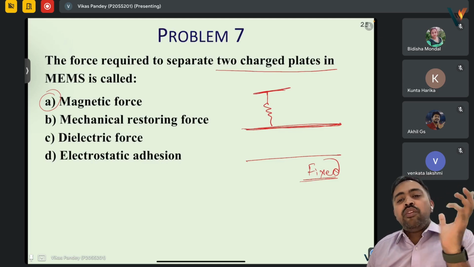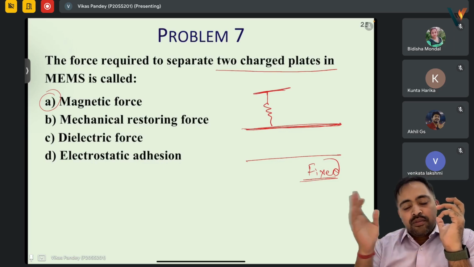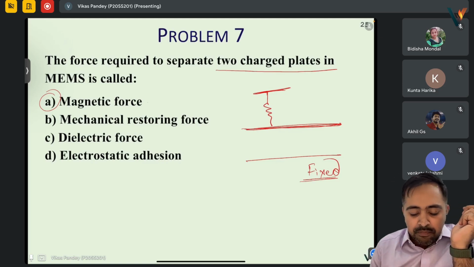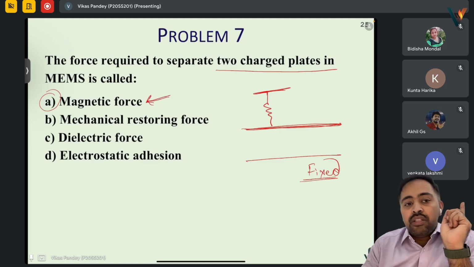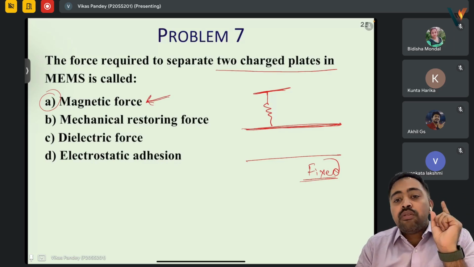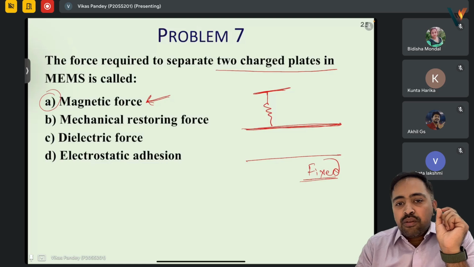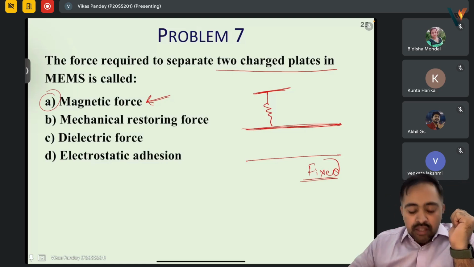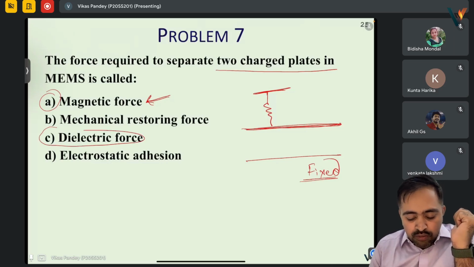So even if we go by removing two options at first, we can say that magnetic force, we have seen in the previous lecture also, is not there in case of MEMS devices. Then there is nothing called dielectric force. So we can remove these two.